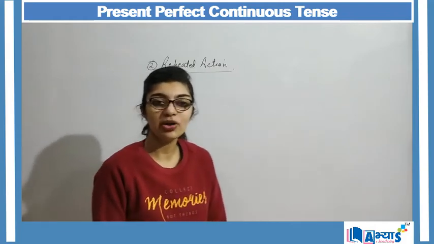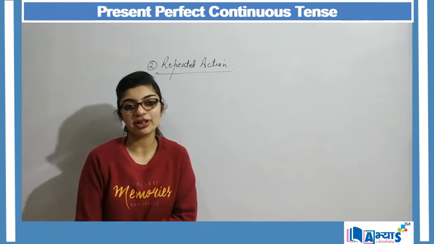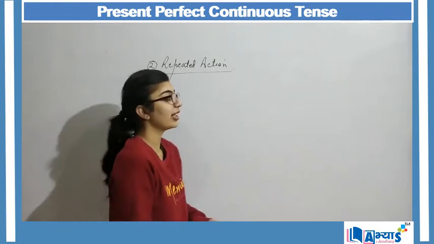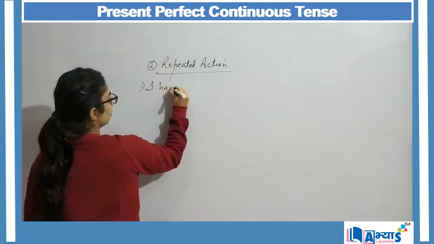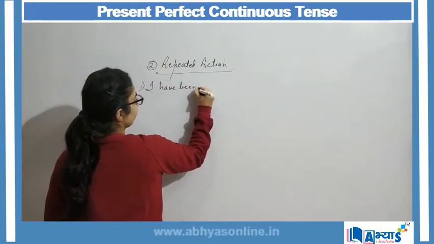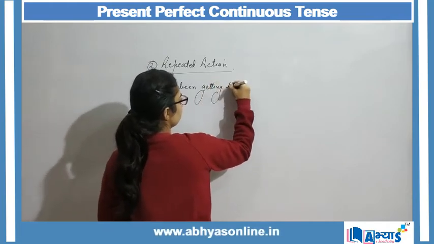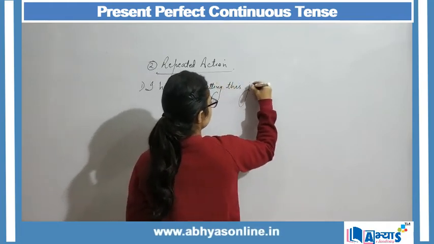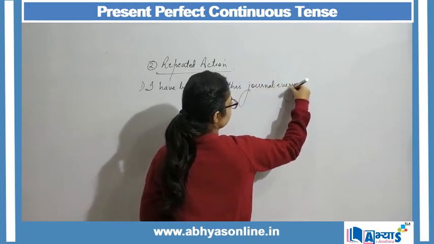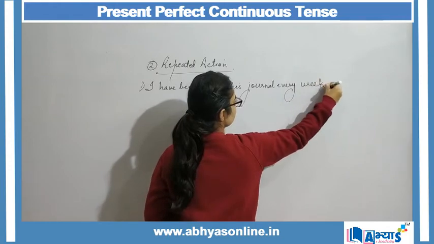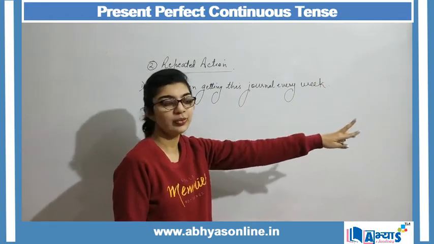So example of showing a repeated action through present perfect continuous tense can be like, I have been getting this journal every week. I have been getting this journal every week.